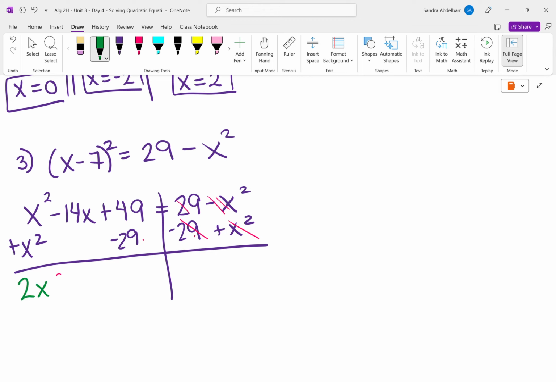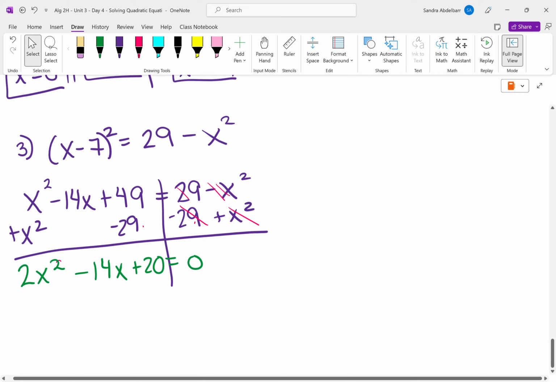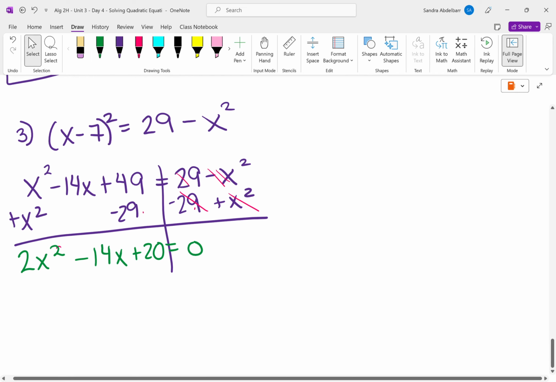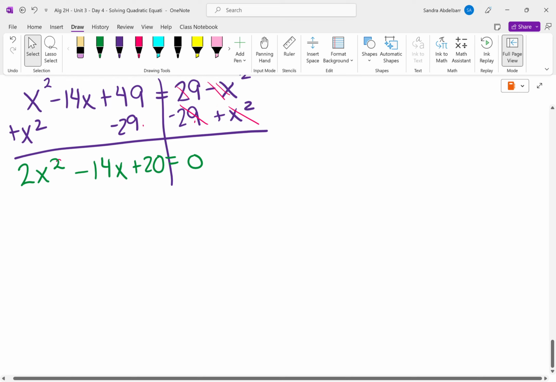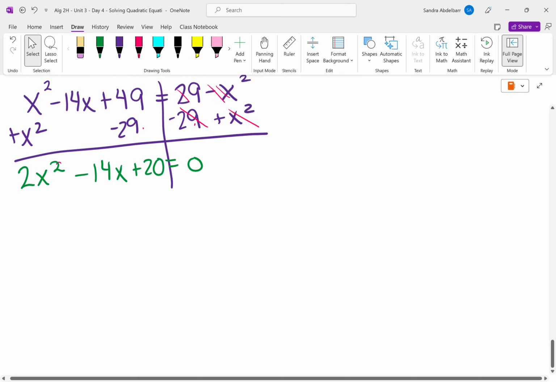So when I add the x squared, plus x squared is going to give us 2x squared minus 14x plus 20 equals 0. Some might say start factoring right now, and I'm going to say not yet.